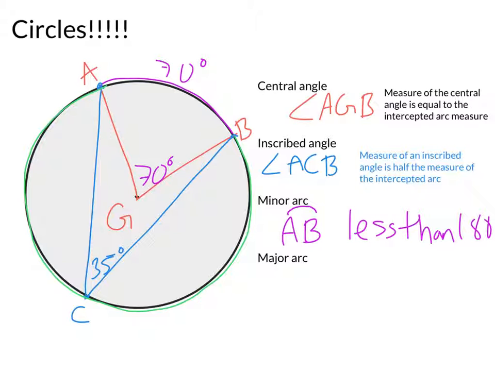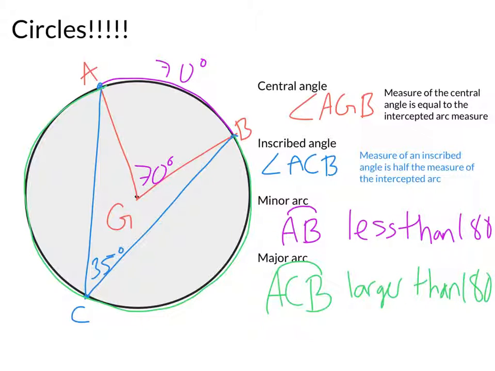That would be arc ACB, and that is larger than 180, so more than half the circle. Remember, there are 360 degrees in a circle. Jot that down if you didn't remember that. That's a good one there. 360 degrees in a circle.